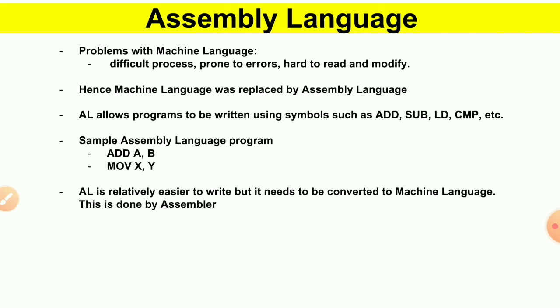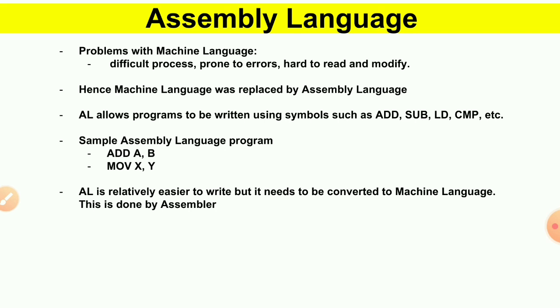This simply means add the value of b to a, and move x y means copy the value of y to x. So you can see how this is simpler than the machine language. Instead of writing sequences of zeros and ones, you have written something which looks like English, isn't it?